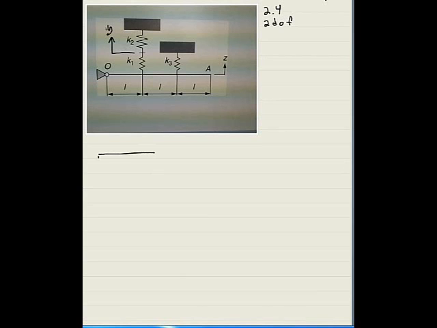And of course, because of the pin joint, you have forces back here. I'm not going to worry about those too much because I'm going to sum moments around the point O, and those have disappeared. Okay, so the first thing I've got is, we'll take the easy one first. I'm going to have a K3. So I draw the line for it, and I write an equation for that.